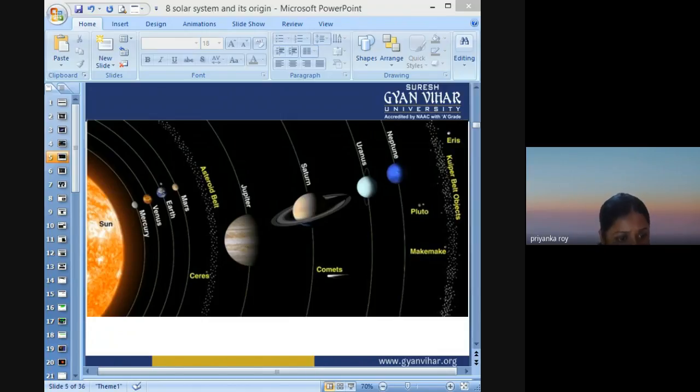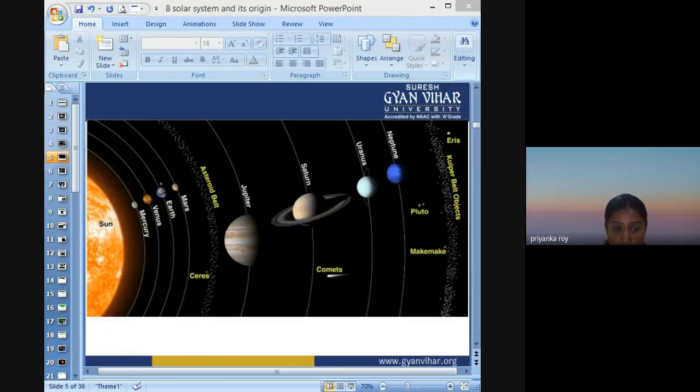The Oort cloud is made of icy pieces of space debris, the size of mountains and sometimes even larger, orbiting the Sun as far as about 1.6 light years away.